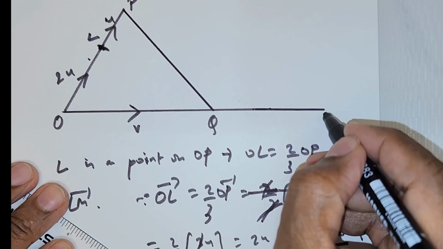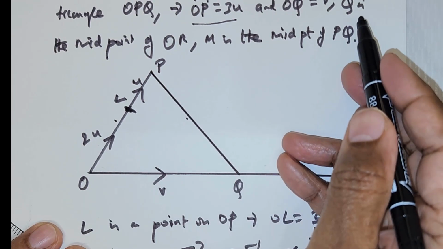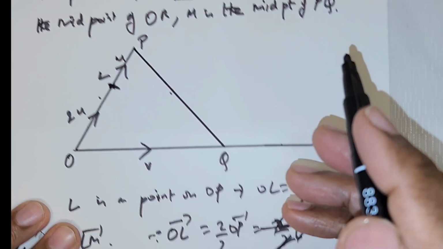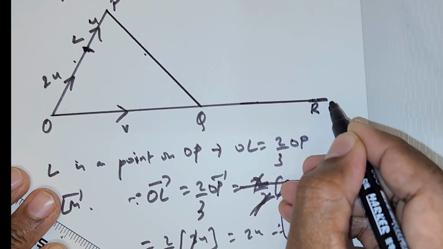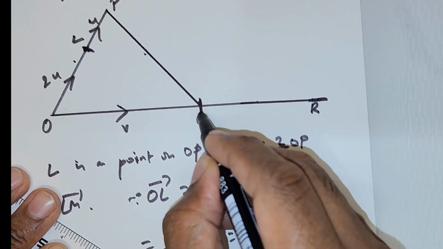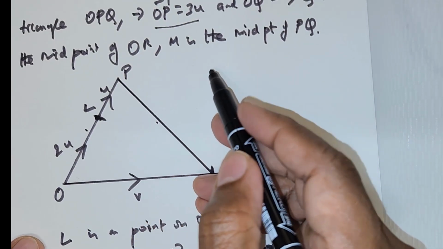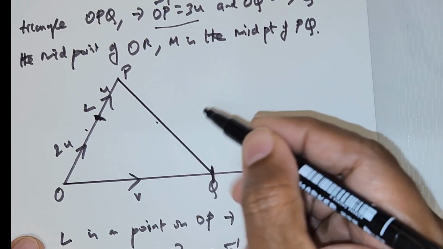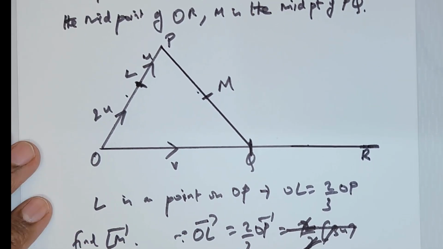Okay, so extend this. So this is R, and Q is the midpoint of OR. So extend a little bit further. So Q is the midpoint of OR, and M is the midpoint of PQ. Right? So this is what we have got.